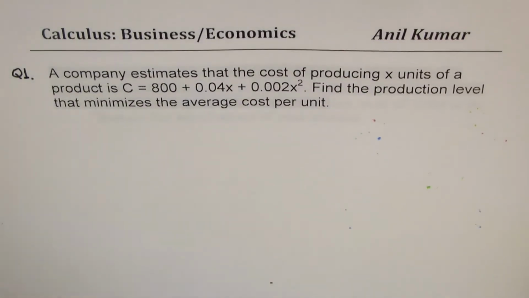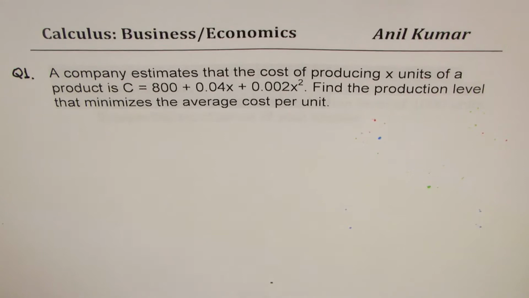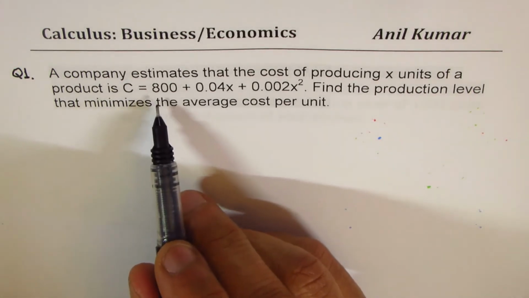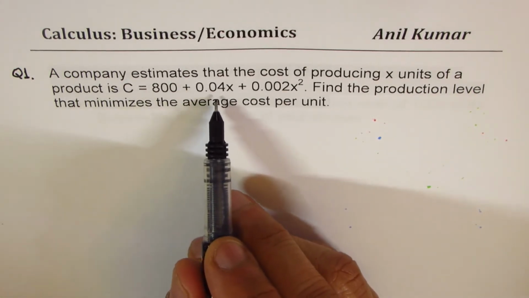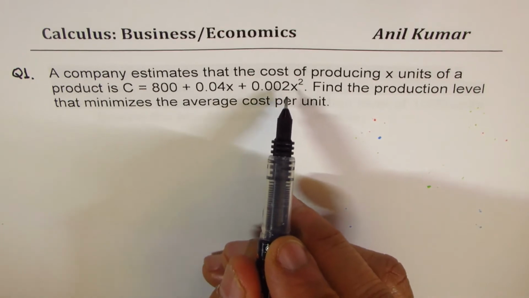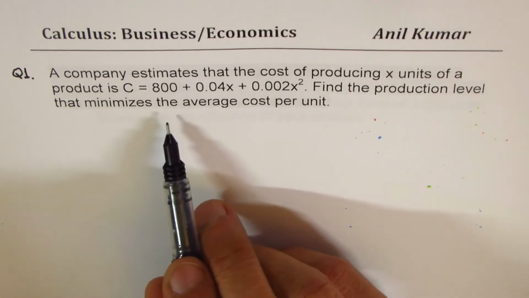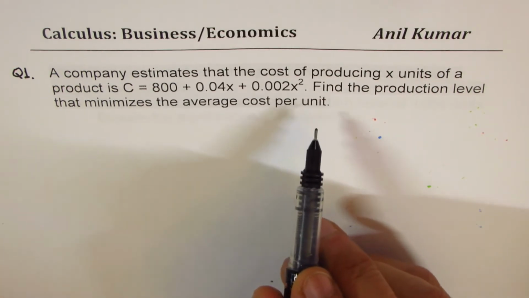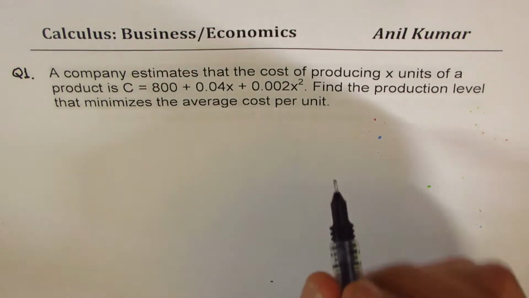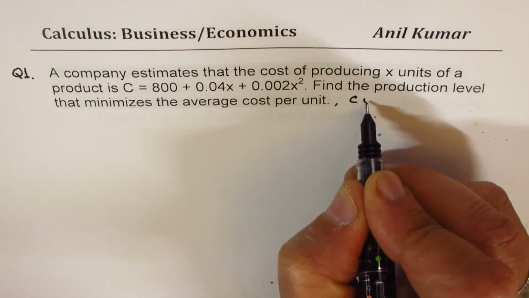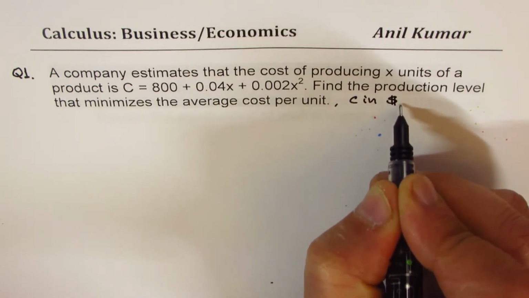A company estimates that the cost of producing x units of a product is C equals 800 plus 0.04x plus 0.002x squared. Find the production level that minimizes the average cost per unit. So we'll take cost in dollars for all our examples.